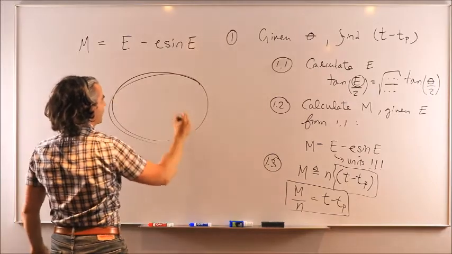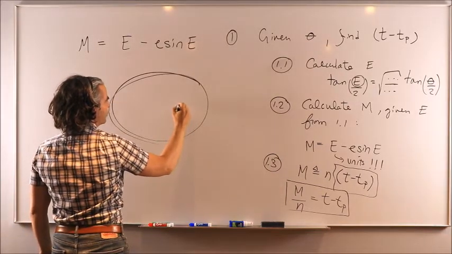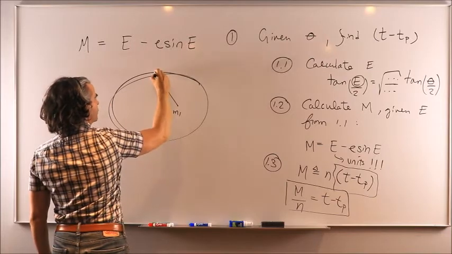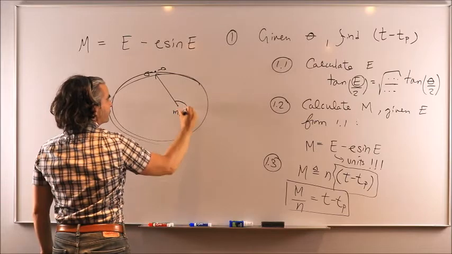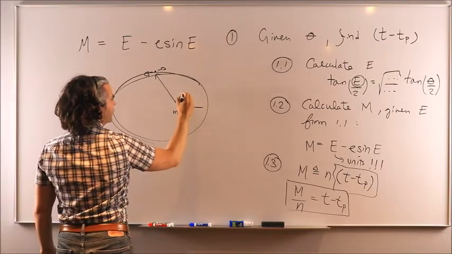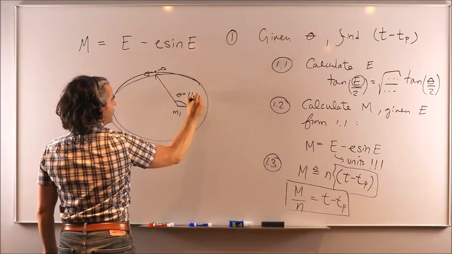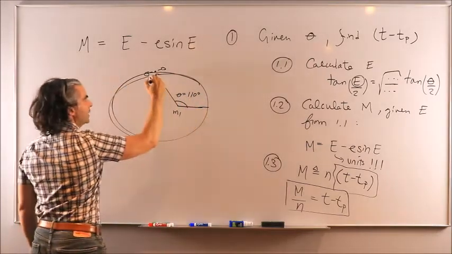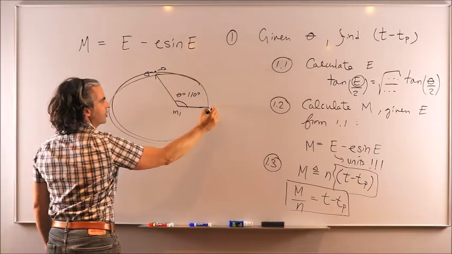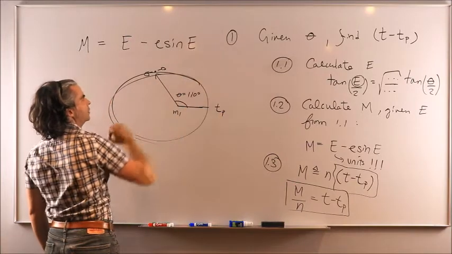That is to say, if this is M1, and I were to pick a random position vector where the spacecraft is currently, if I say, okay, my true anomaly is equal to 110 degrees, find how long it took the spacecraft to fly from the perigee at Tp all the way to here.